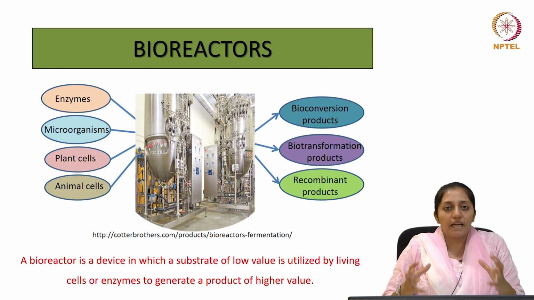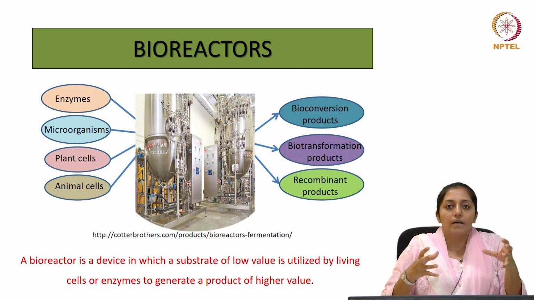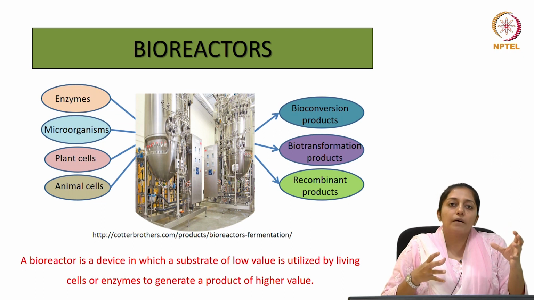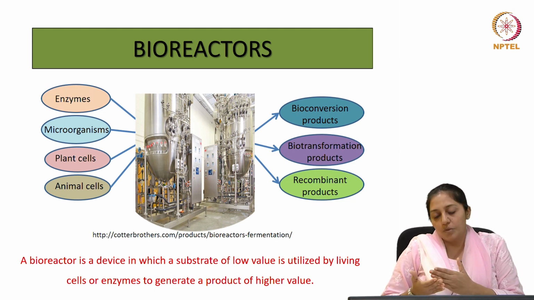So, inside this device which we call bioreactors, there are different kinds of production platforms which are used to convert a low-cost substrate to a high-cost product. Now, the different production platforms which are used in industry vary greatly. You will hear about plant cells being used.